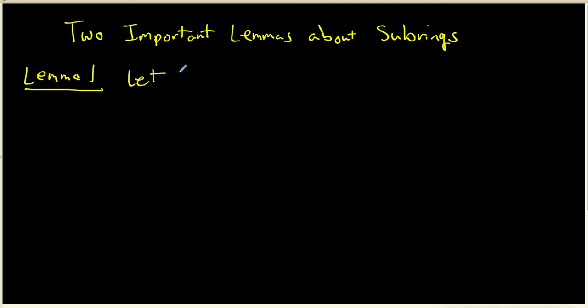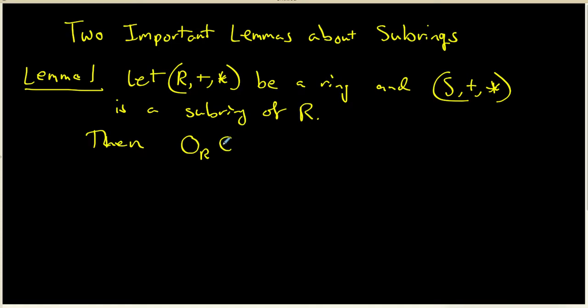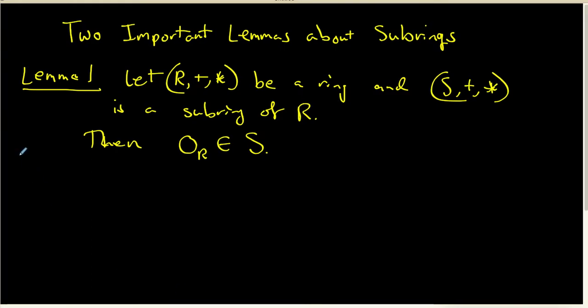We're going to let R be a ring, and S is a subring of R. And under this situation, we then have that the 0 in R actually belongs to S. In other words, the additive identity of the subring is the same as the additive identity in the big ring R. So how do we go about proving this?